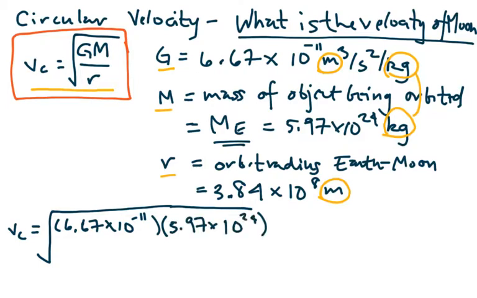And then we'll divide that number by the radius of the orbit, so the 3.84 times 10 to the 8. And we'll do the value on the top first.